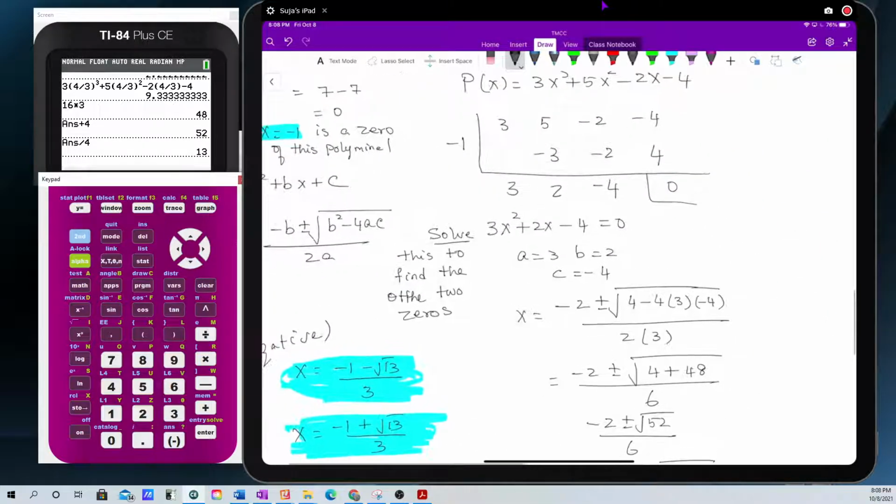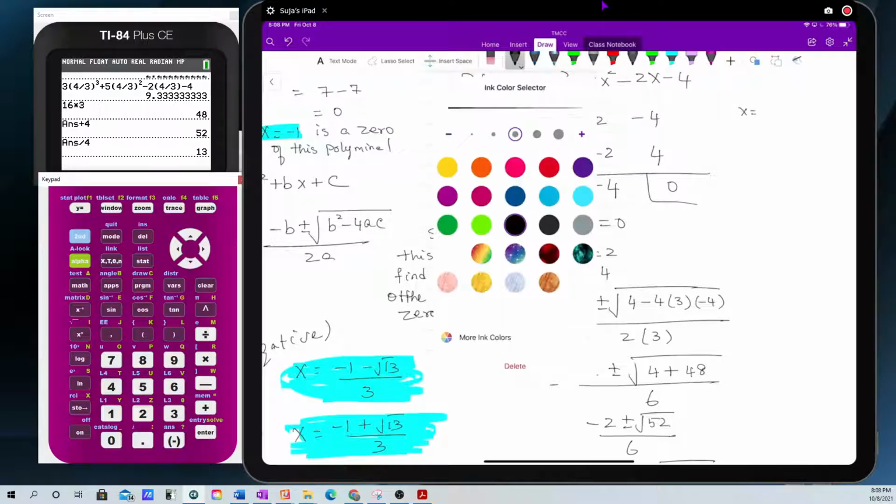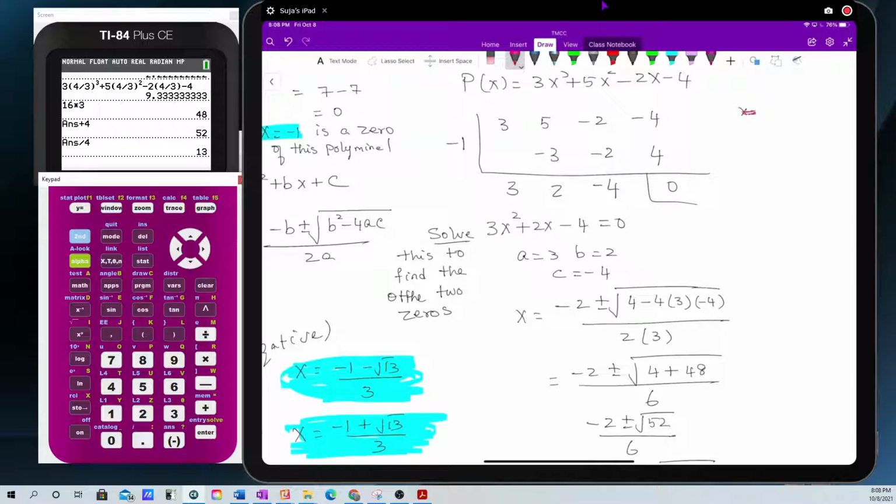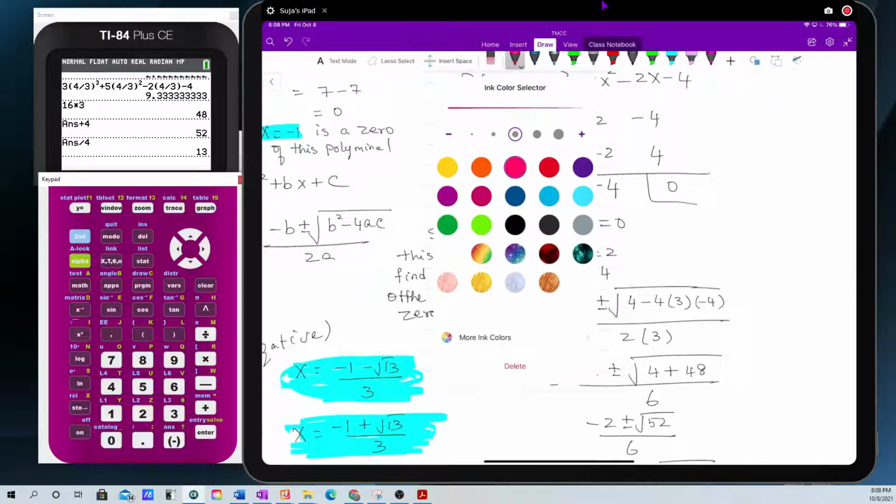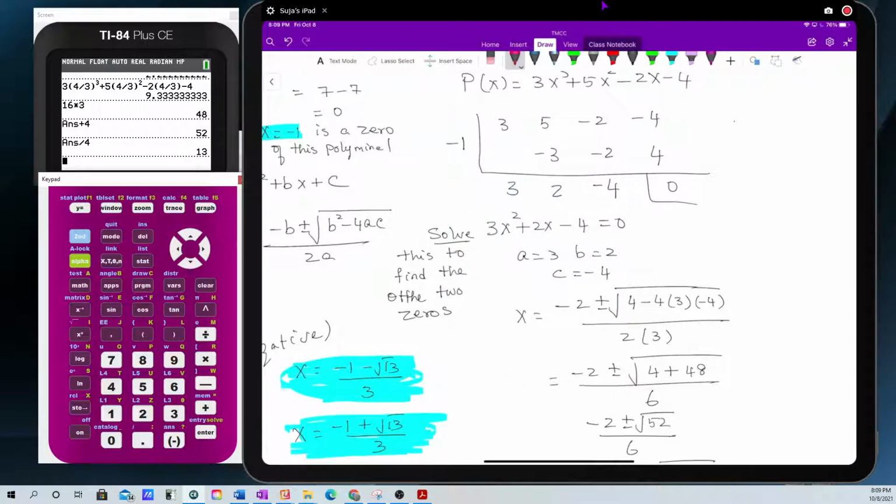I can say the answers are, so x is equal to negative 1, x is equal to negative 1 minus root 13 over 3, and x is equal to negative 1 plus root 13 over 3.